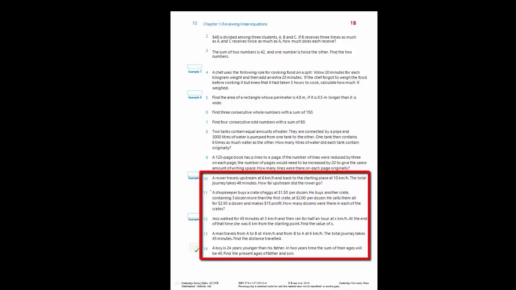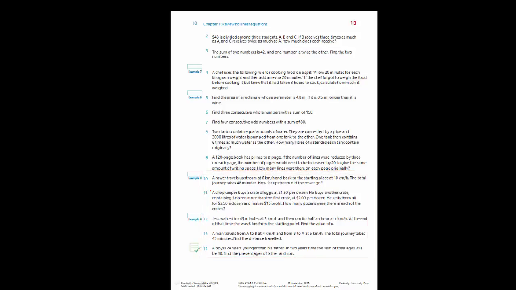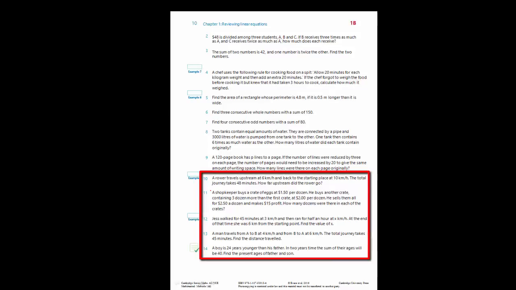Okay, so let's say from 10 to 14. Normally the questions are harder as you go, starting from simple to harder. So test your knowledge. They give you hints by saying, next to it, that this is similar to example 7, this is similar to example 8. So you can go back and check and find the similarities and see if you can solve it or not. And then attempt the harder questions.